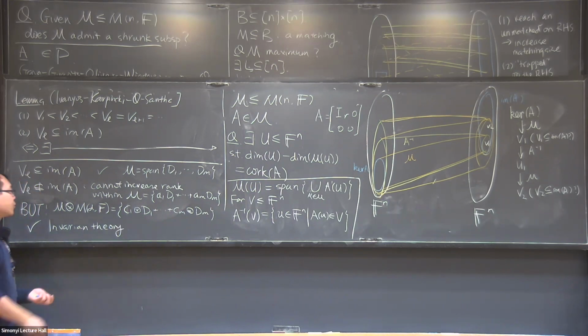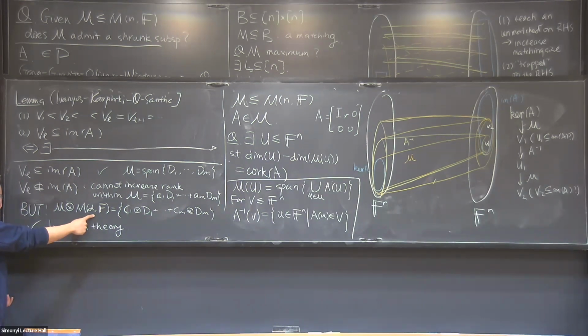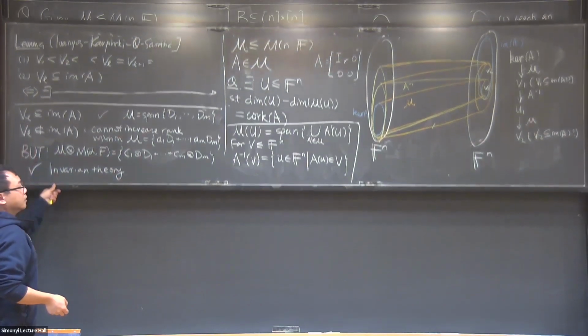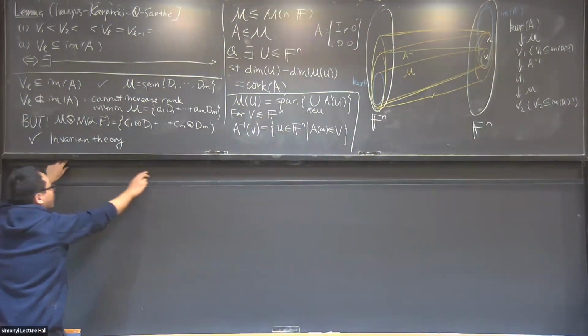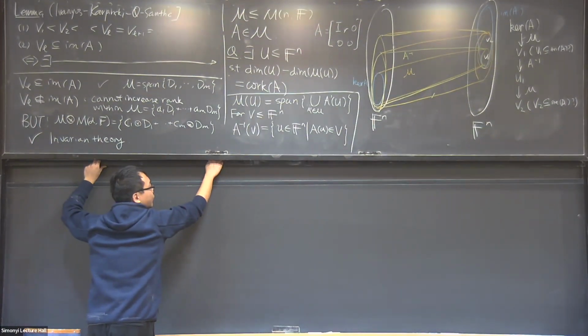But of course, now the question is how large this Ai should be, right? It's the d parameter. Is this d parameter exponential? If it's exponential, it's probably not that helpful. So because it's invariant theory, you need to go back to Hilbert.